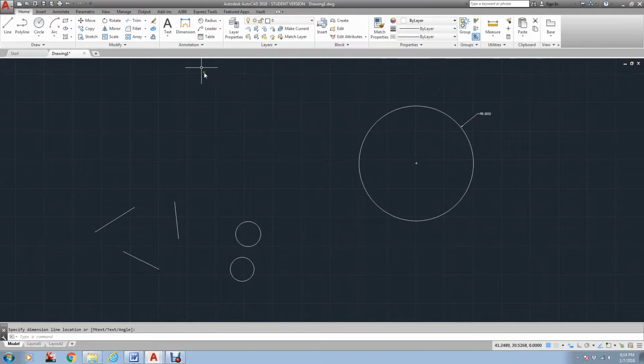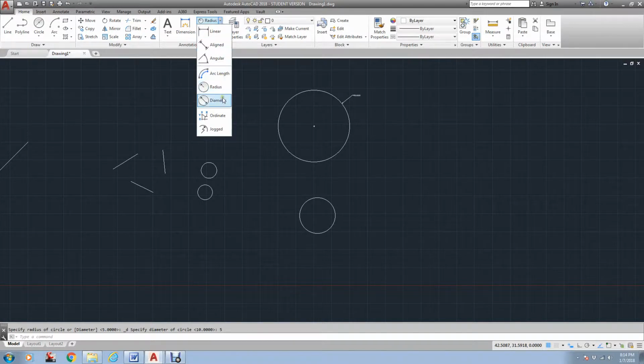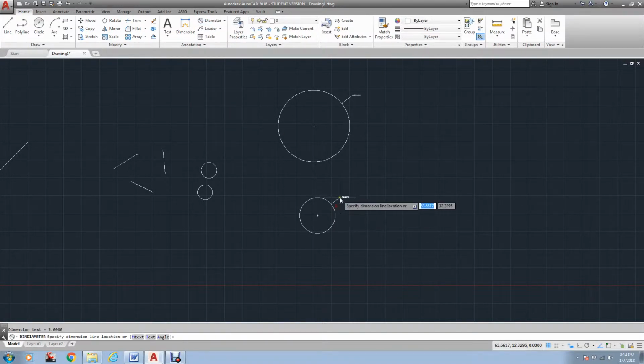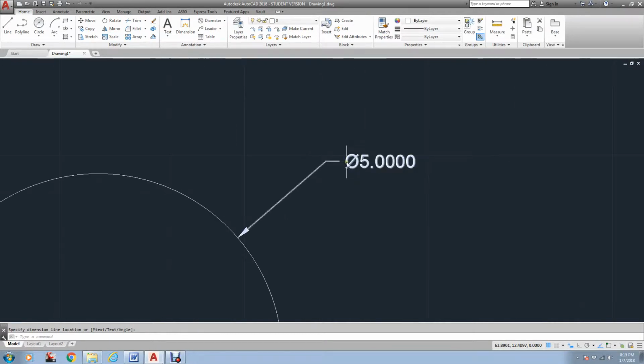Now if I go to circle diameter and I type in 5, thinking I'm still working in the same units, well, those aren't the same, as you can see. And I will just give that a diameter here. Also, FYI, if you don't know, this little circle with a line through it means diameter.